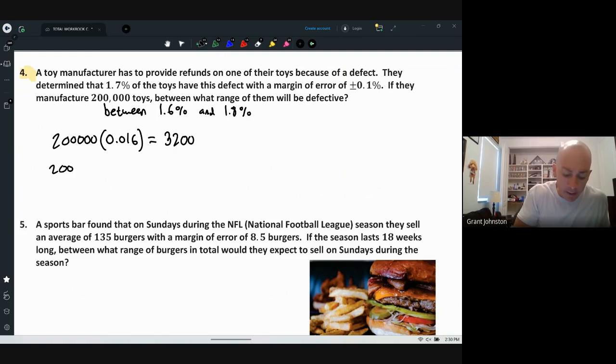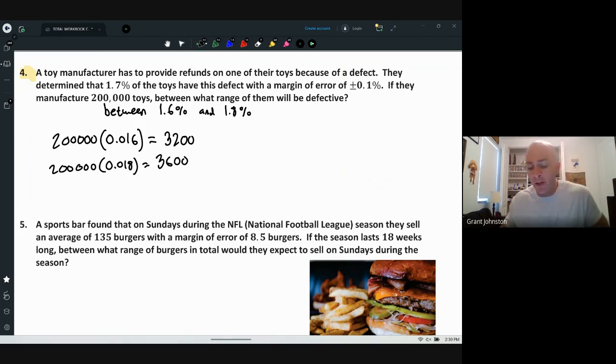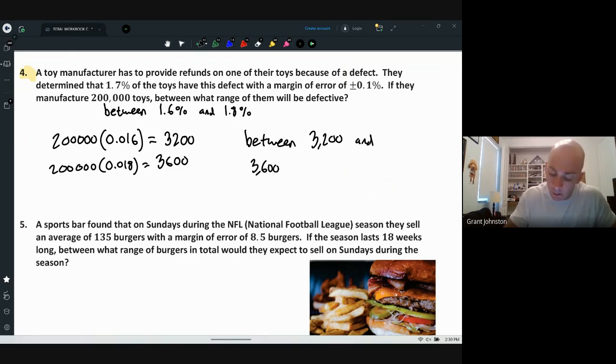And then on the higher end, out of the 200,000 toys, let's say 1.8% of them have a defect, convert that to a decimal, will be 0.018. That would be 3,600. So between what range of them will be defective? I would say between 3,200 and 3,600 toys will be defective.